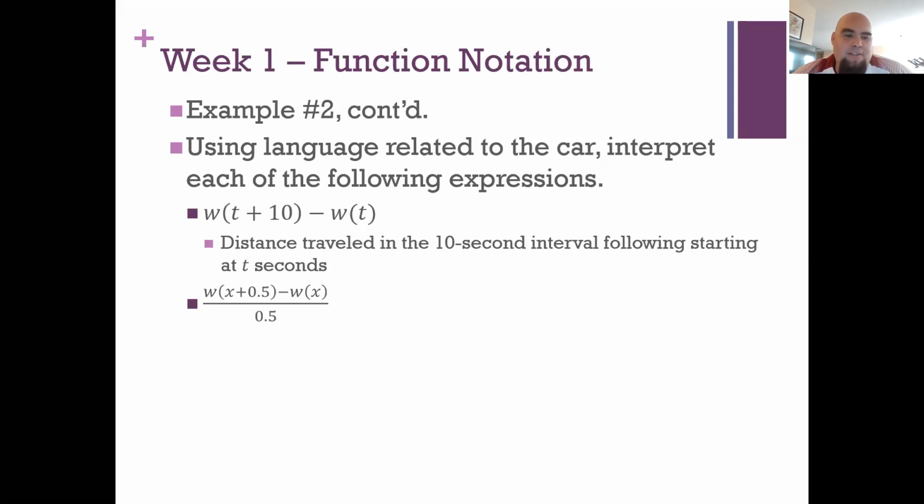So twice that difference. Correct. Mathematically and numerically, that will be correct. If I find the distance over that half-second interval that starts at x, I'm going to double it because I'm dividing by 0.5.